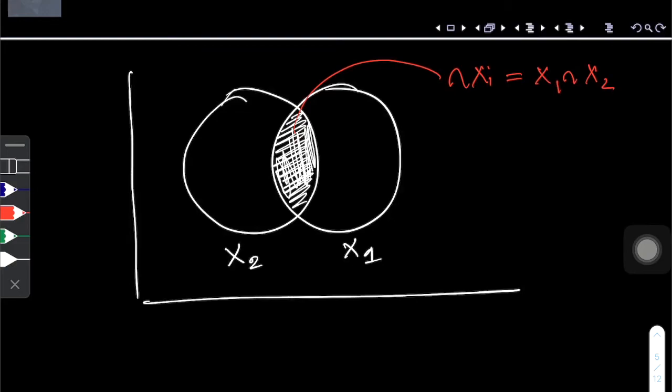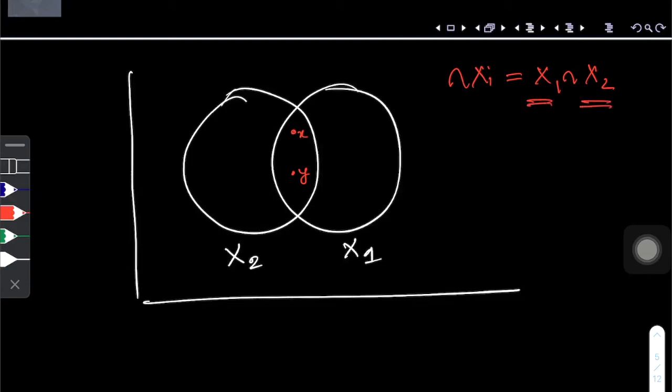Right, and now let's say we are picking any 2 points which are here. So we are picking x here and y here. Let me clean this up a bit so it's visible. The way we proved it is that we showed that since x and y belong to this intersection, that means x and y also belong to the individual sets X1 and X2.